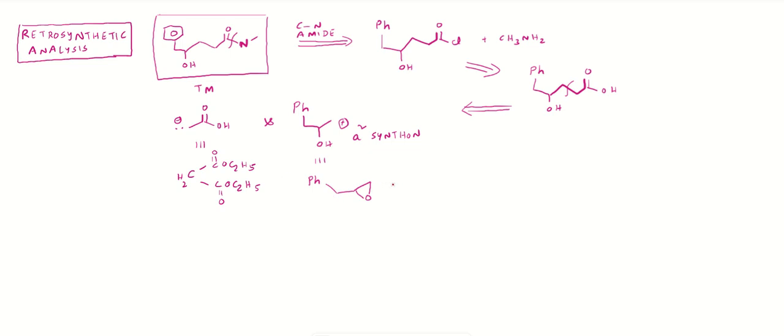How is this epoxide obtained? This epoxide is obtained from PhCH2CH=CH2. This is an alkene. If you want to have an epoxide, you need to have an alkene. Now how is this alkene obtained? This is what we call epoxidation.